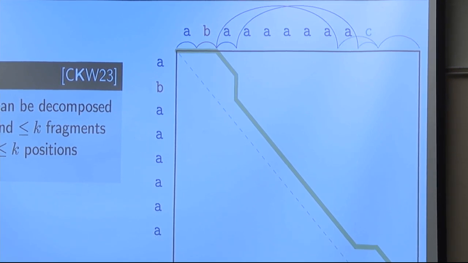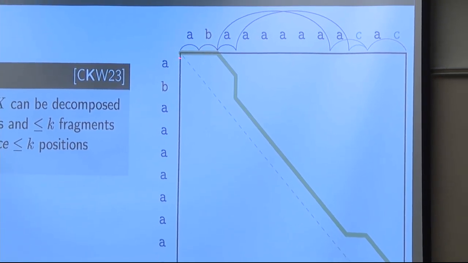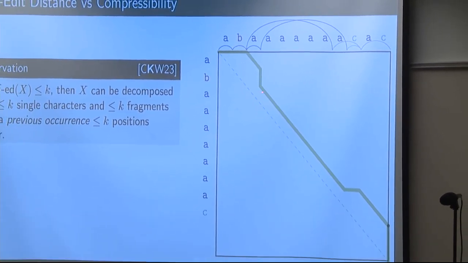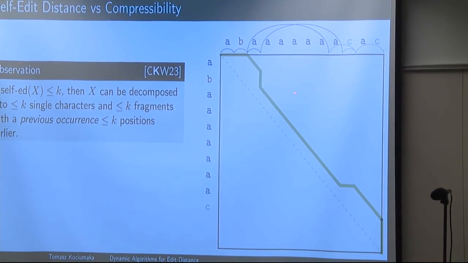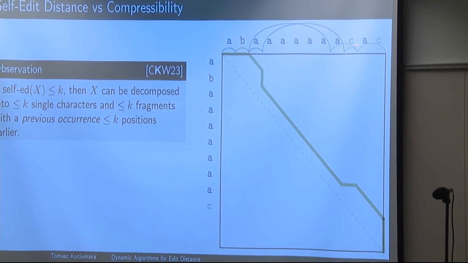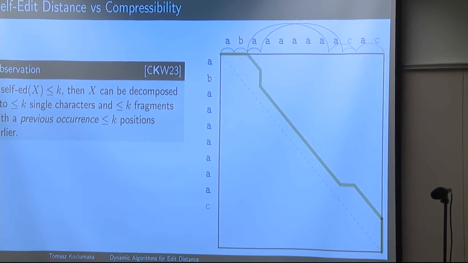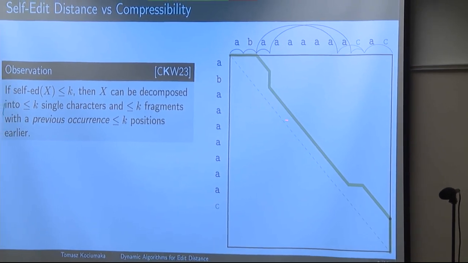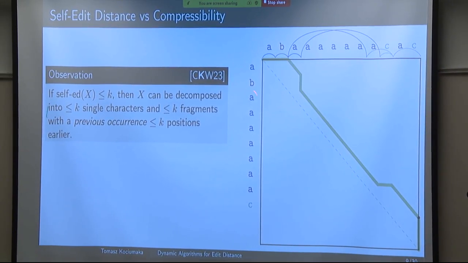And this way we can decompose the string into pieces, each of which is either a horizontal edge, so a deletion or a substitution, and for every diagonal segment without any substitutions, we have a fragment which is also copied from some number of positions earlier. And the number of these positions is also bounded by k because this alignment cannot go too far from the main diagonal.